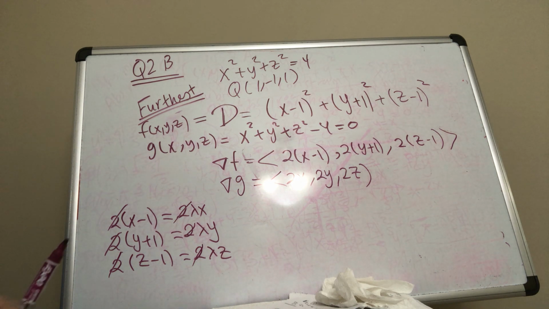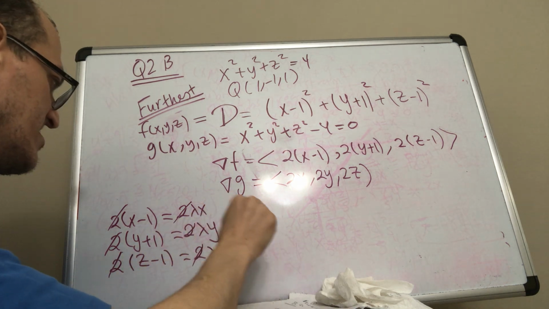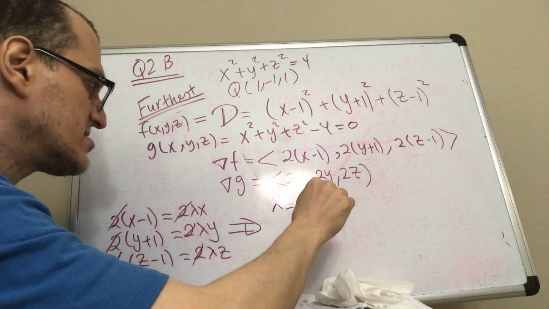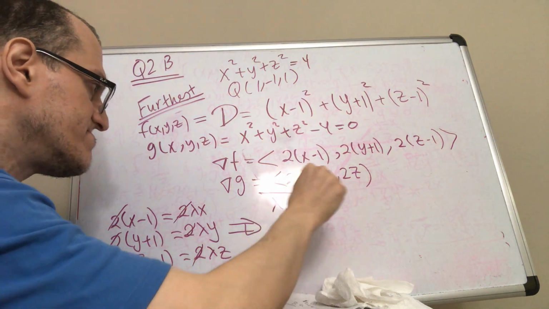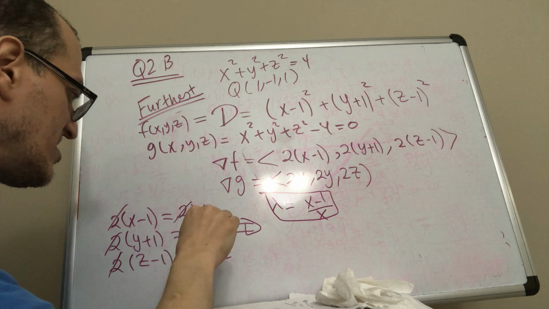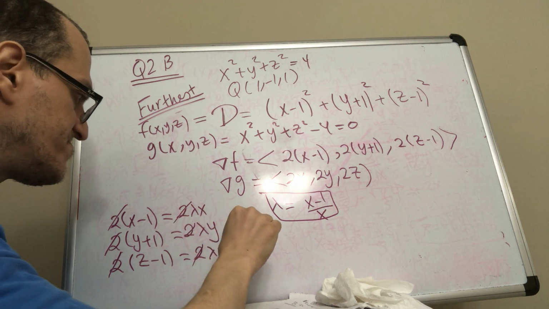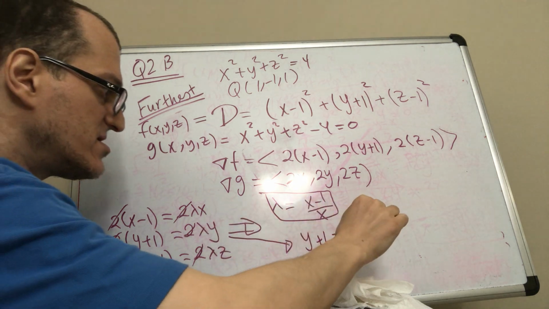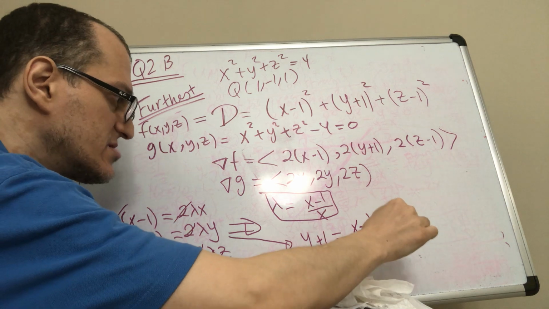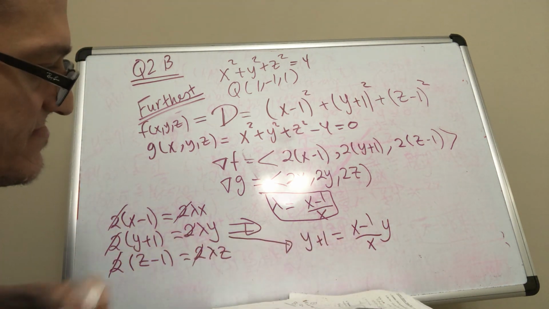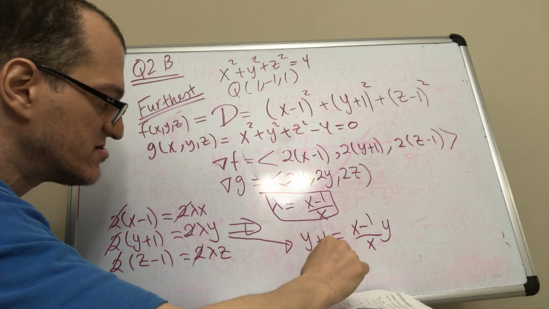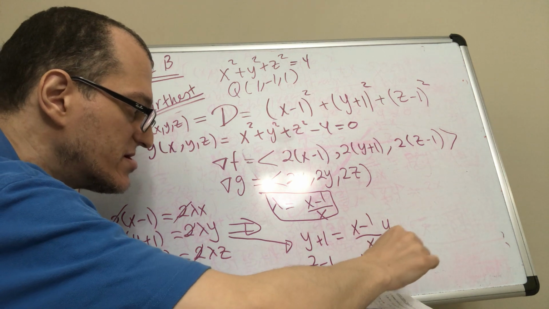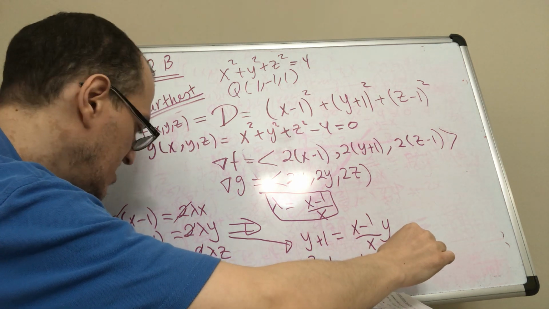From the first one, lambda is (x minus 1) over x. If I plug this into the other two, y plus 1 equals, instead of lambda, (x minus 1) over x times y. And z minus 1 equals, instead of lambda, (x minus 1) over x times z.